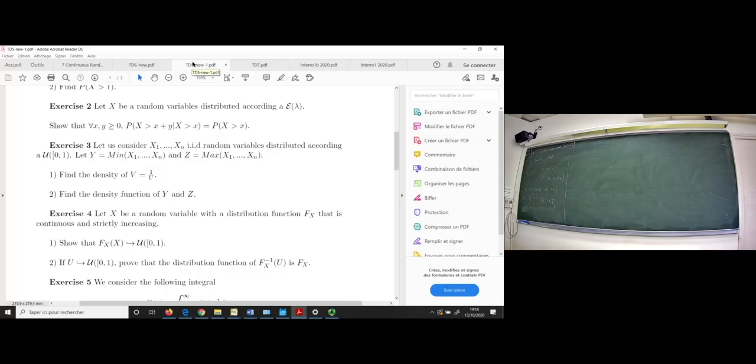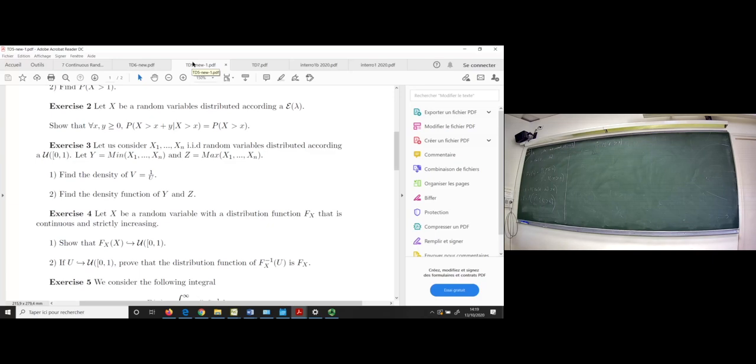I have independence about all these random variables. So I obtain 1 minus the product from i equal to 1 to n of the probability that xi is strictly greater than x.